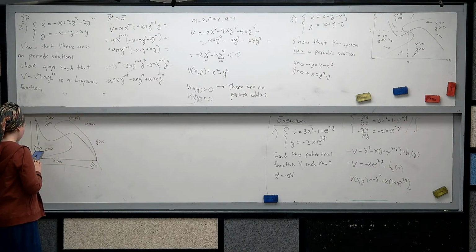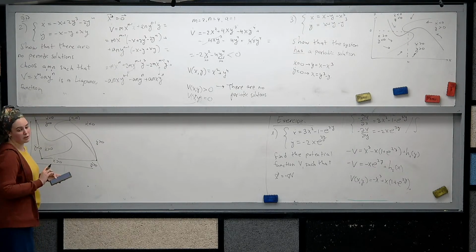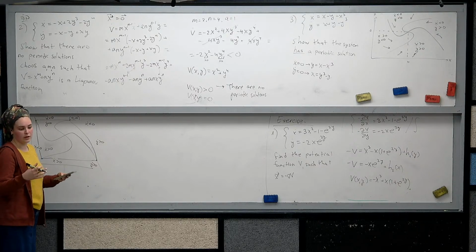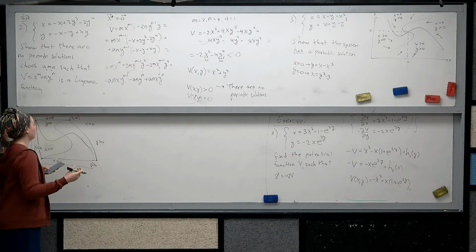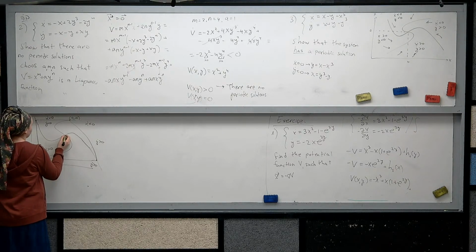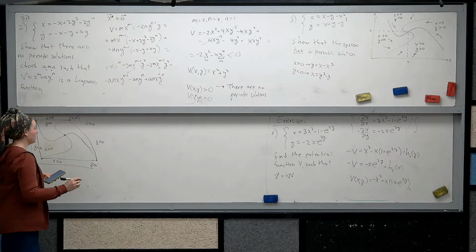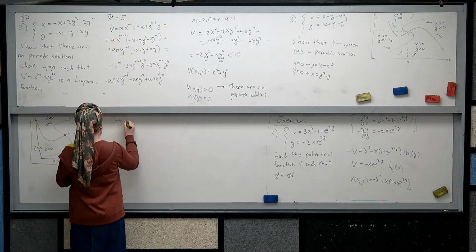And now we want to see that there is no stable fixed point, for the reason that there will be a closed orbit. So we know that we have a critical point at 0, 0, right? So let's look at the Jacobian.